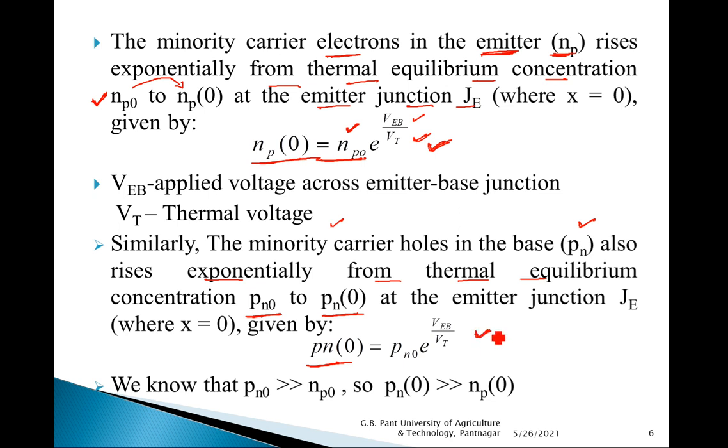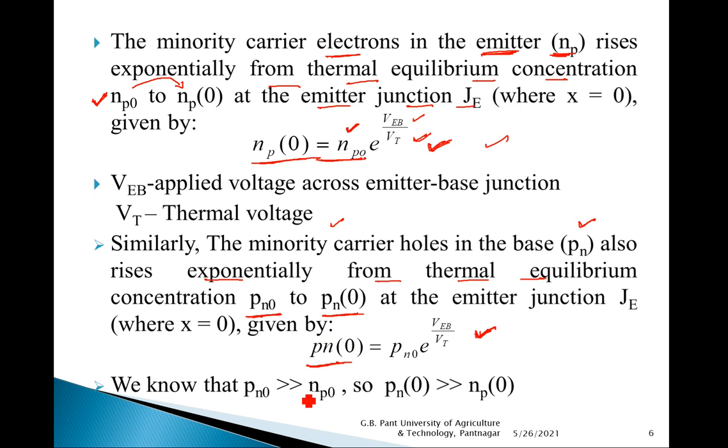So this formula governs the minority carrier holes in the base. Both these equations show that there is an exponential rise in the value of the minority charge carriers in both the regions.